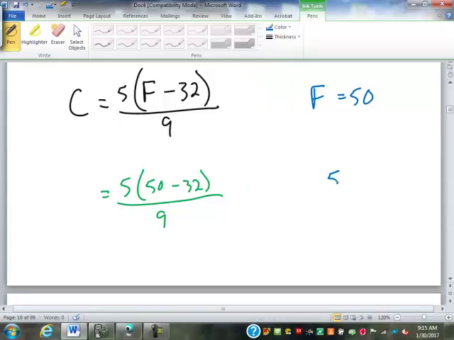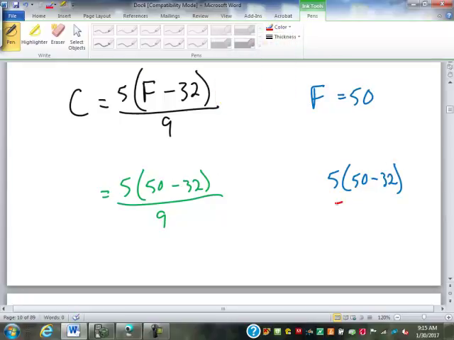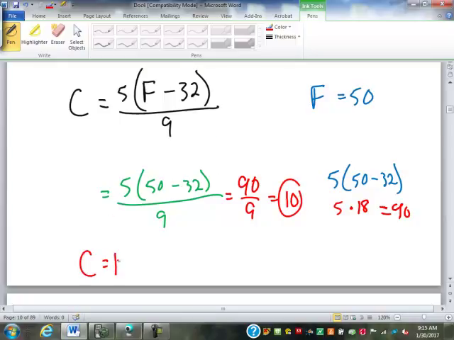We have to do everything on top, and on top we have the parentheses first. So 50 minus 32, 18. Now I'm going to skip a step and take the parentheses out as well because I've reduced what's in that parentheses to a single number. 5 times 18 then is 90. So this is 90 over 9, which divides out to be 10. So what this is saying is C equals 10. So the Celsius temperature equals 10.